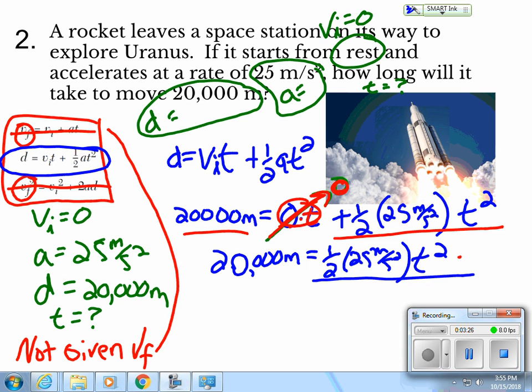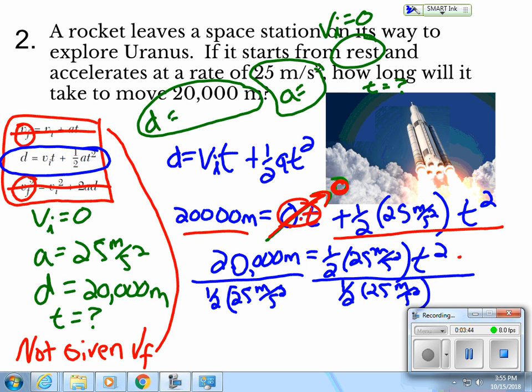Now I'm going to divide by 1/2 times 25 meters per second squared on both sides. Remember, when you divide by 1/2, you're really multiplying by 2, but for consistency's sake, I'll do this.